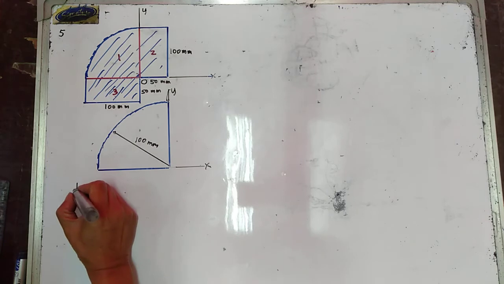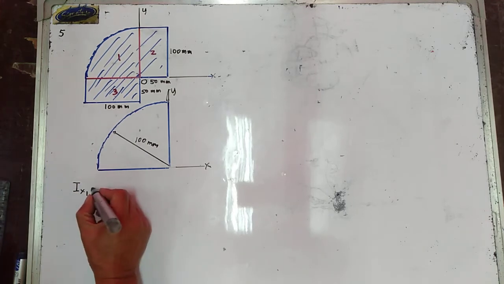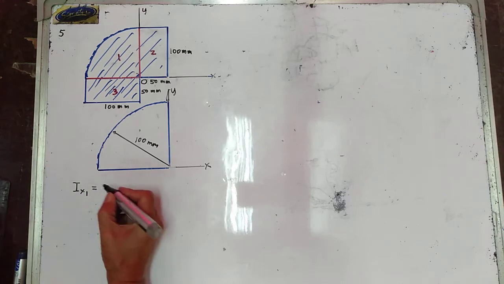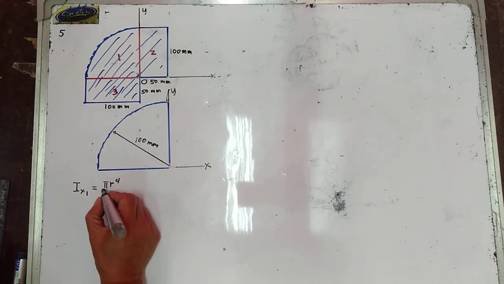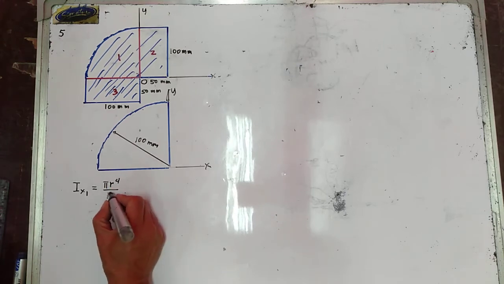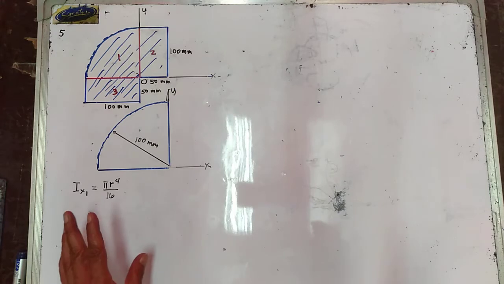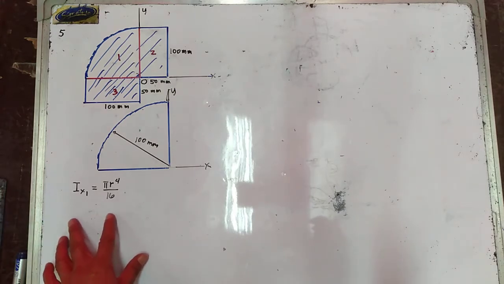Now, the moment of inertia about the x-axis for area 1 is equal to pi r to the fourth all over 16. So you can see this one in the table of moment of inertia of common geometric shapes or geometric figures.